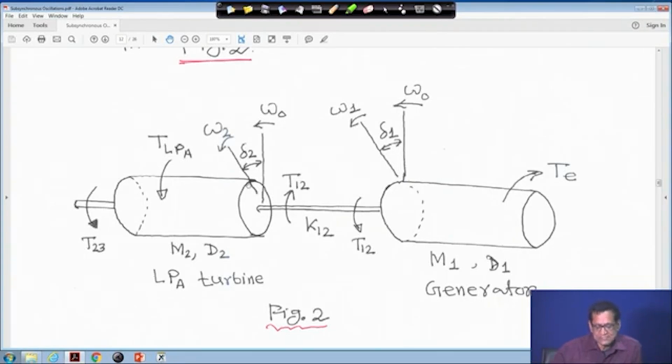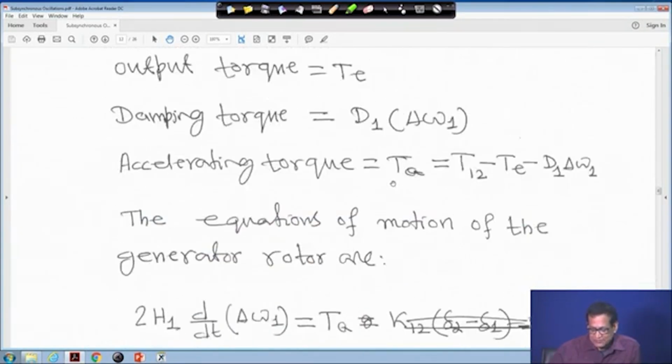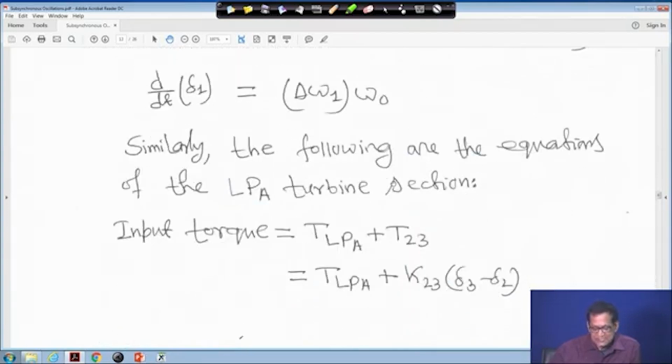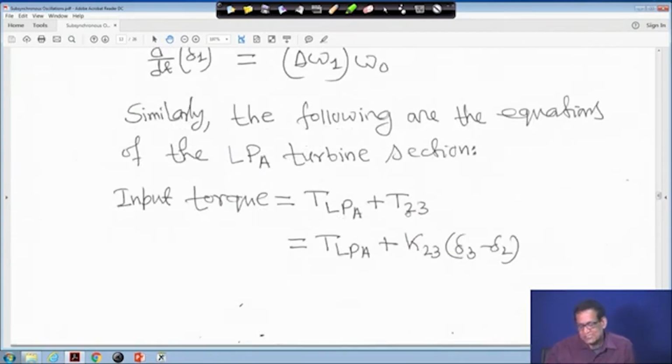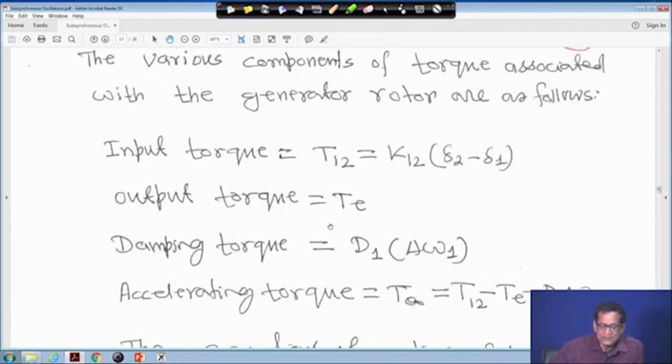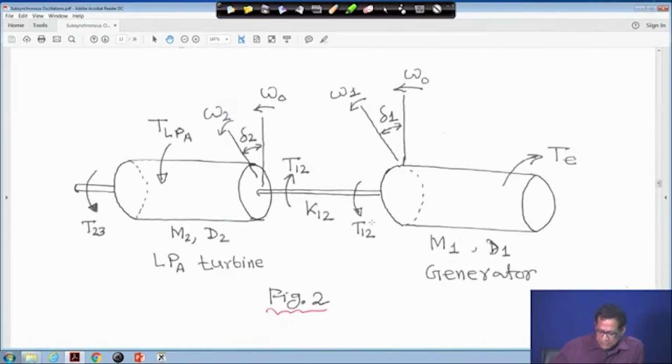Although two sections are shown, with this as section 1 and this as section 2, on the other side it is also connected, the section 3, the LPB part. So, this is the shaft.